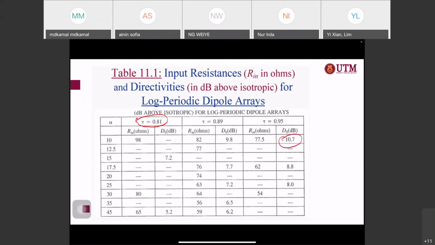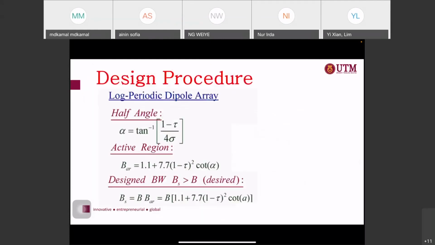Okay, so this is also the design procedure that you need to use for this log periodic dipole array. Of course, you need to find the half angle here, alpha. Then the active region, as I mentioned to you, and the design bandwidth, which is your desired bandwidth times the bandwidth of the active region.